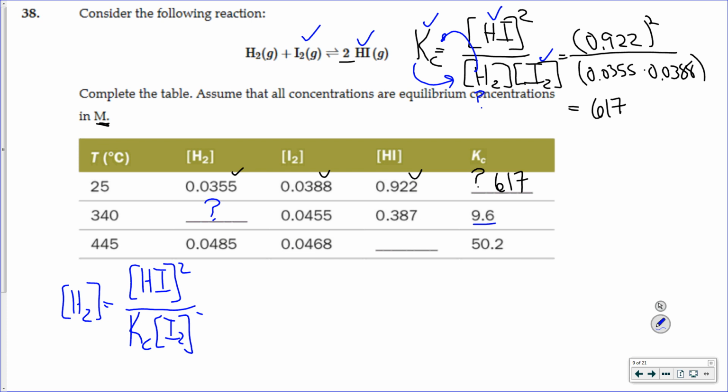Now I know all the terms that plug into that. The concentration of the HI is 0.387. Got to square it. The value of K sub C is 9.6.